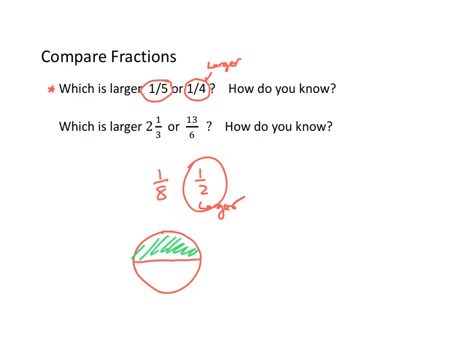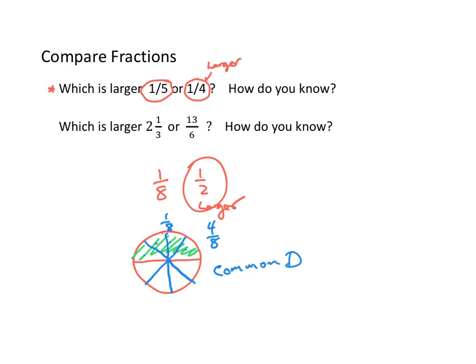So there's my 1/2. Now I'm going to take this whole pizza and divide it into eighths, like this. So now I compare this: 1, 2, 3, 4, so I have 4/8 compared to 1/8. Oh, well, yeah, 4/8 is larger because now I'm comparing using a common denominator.